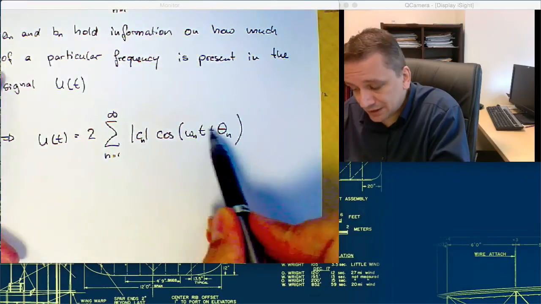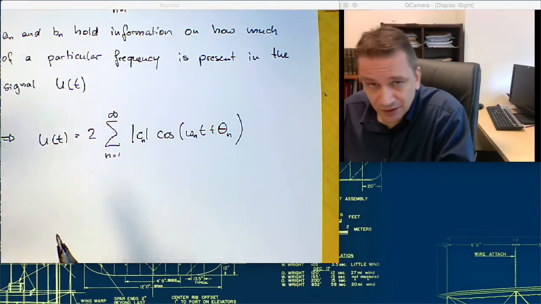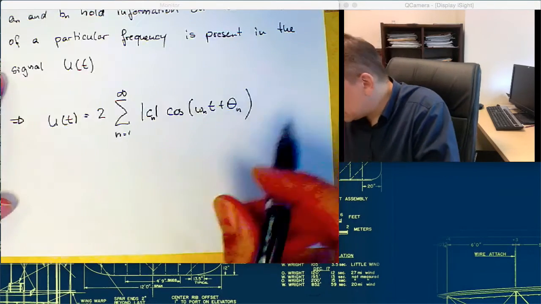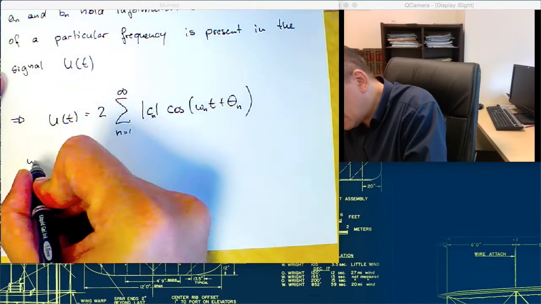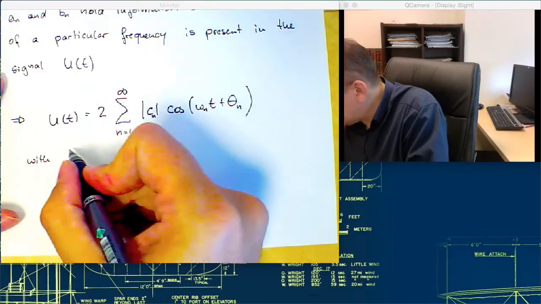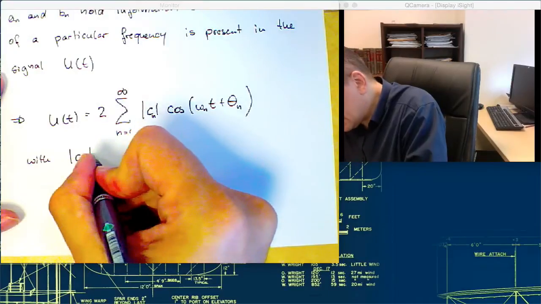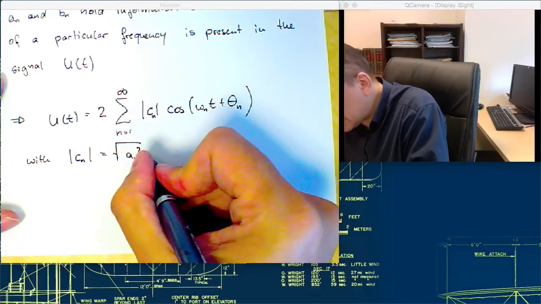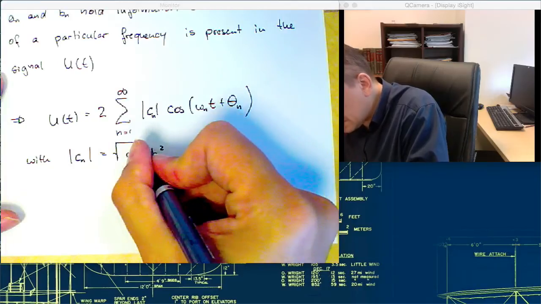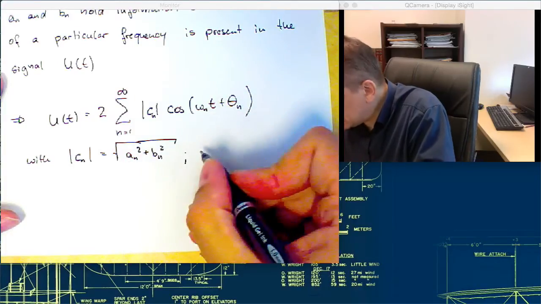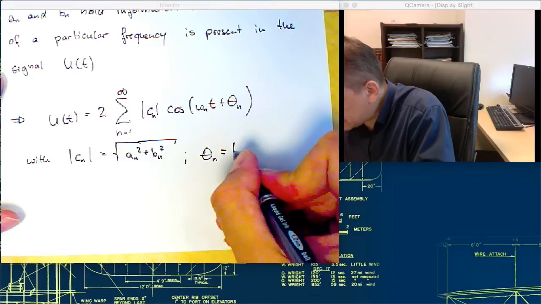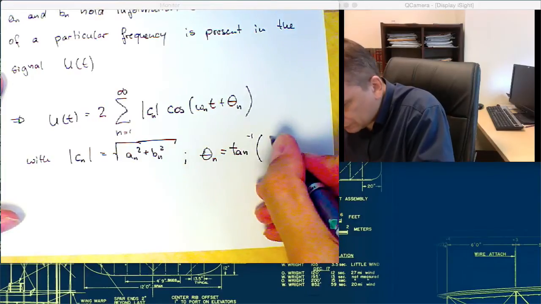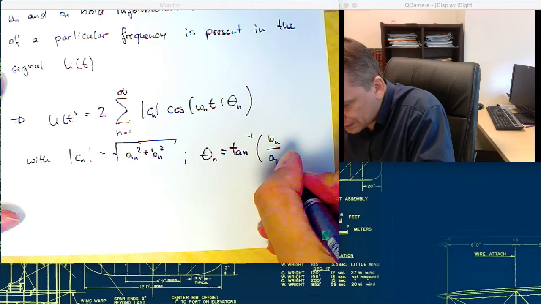So essentially, you're just rewriting it in a little bit different form. With Cn being the square root of an squared plus bn squared. So that's the absolute value. And theta n is the arctangent of bn over an.